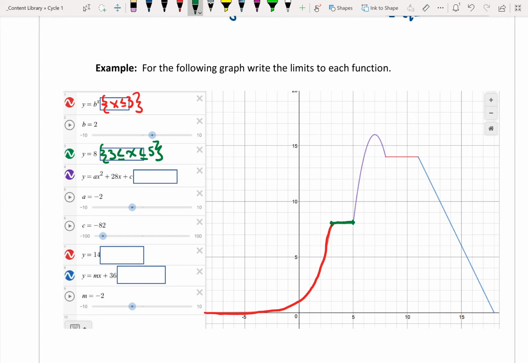So it exists everywhere in between. For our purple function over here, we can see that this function exists from 5. So 5 is our lowest number, so x is greater than or equal to 5, but less than or equal to the endpoint, which in this case is 8.